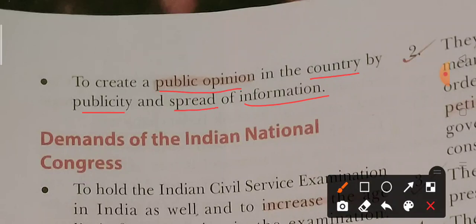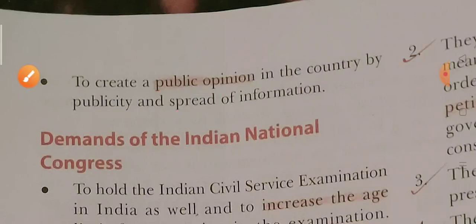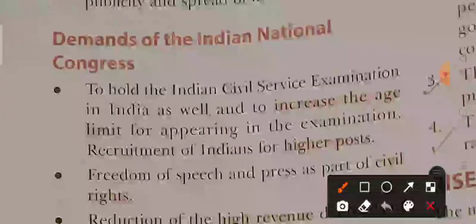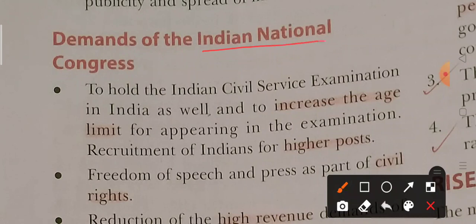So Congress leaders wanted to create an opinion, and that opinion was based on the feeling of unity, that you are Indians. So these were the total objectives of the Indian National Congress in 1885. Now let us try to understand what the demands of the Indian National Congress were.